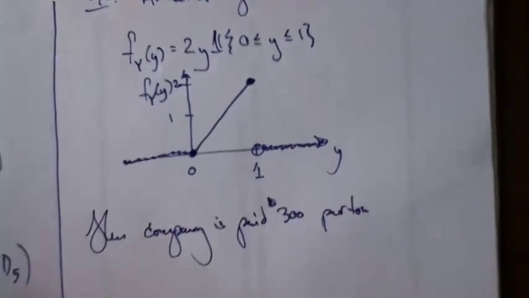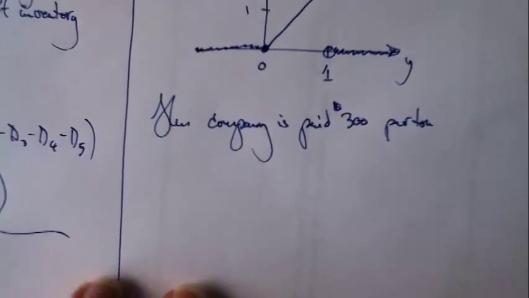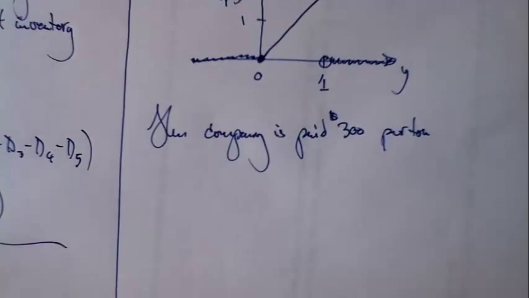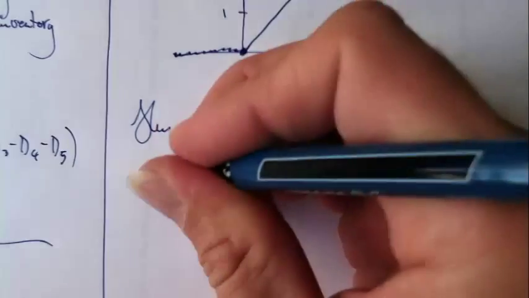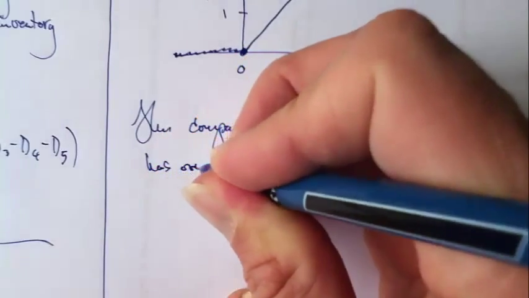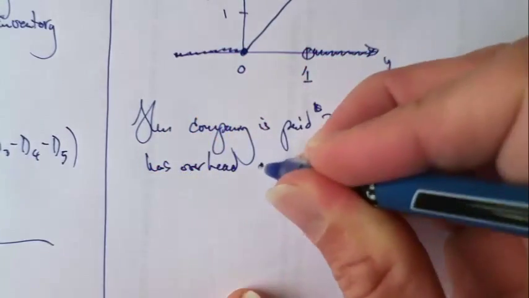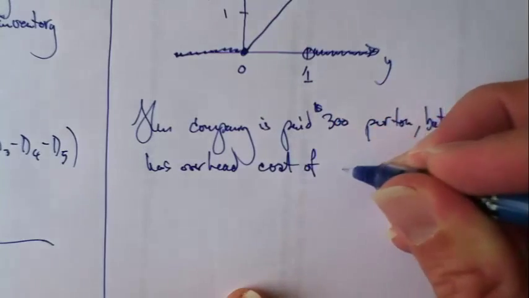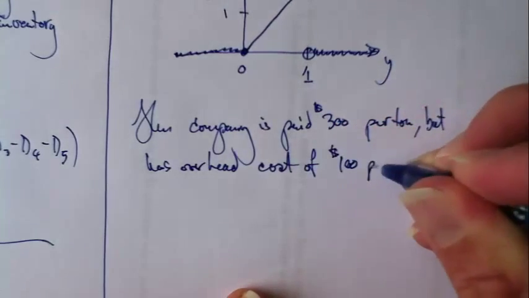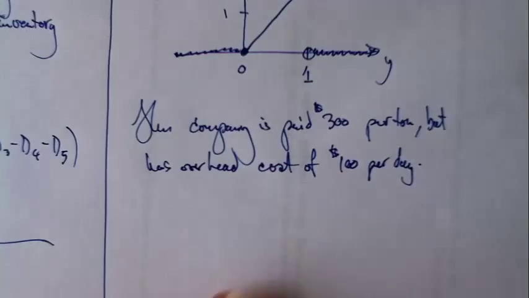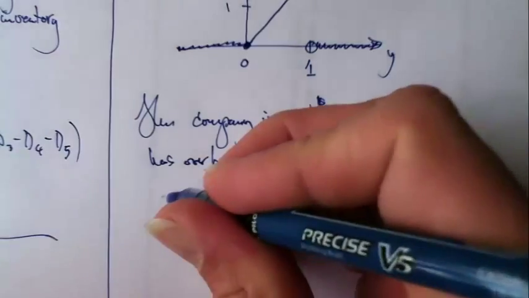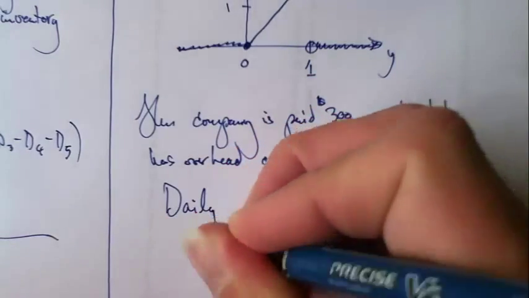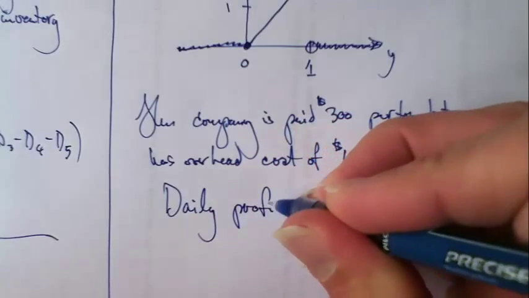The company's paid $300 per ton, but has an overhead cost, like machine setup costs and all that, of $100 per day. Overhead cost of $100 per day. Then what you're really interested in is the daily profit, okay? Daily profit, maybe we'll call U, okay?